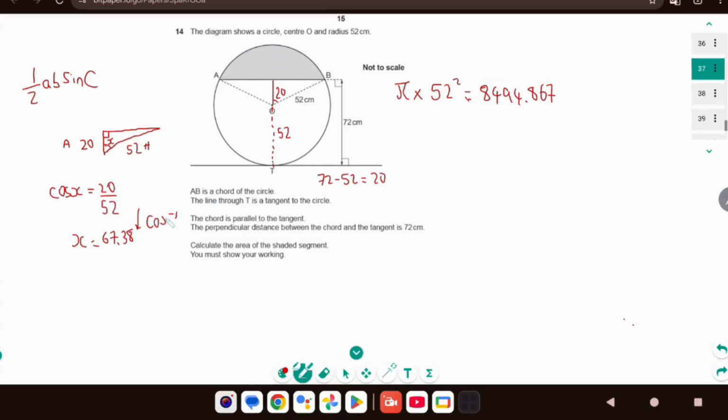I can double that to get the whole angle here, 134.76 degrees. So now I can do half AB sine C to get the area of the triangle.